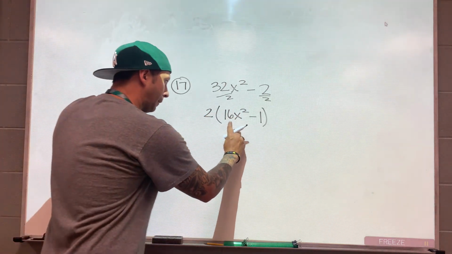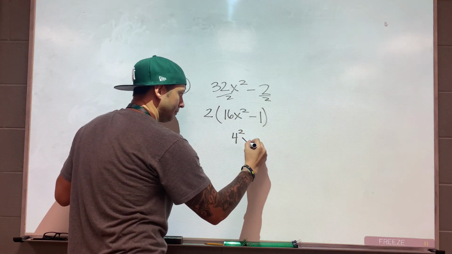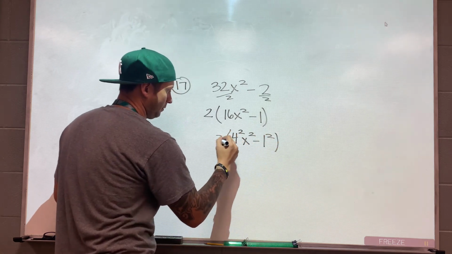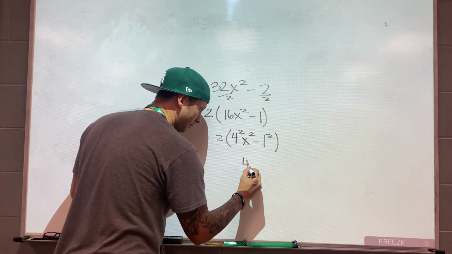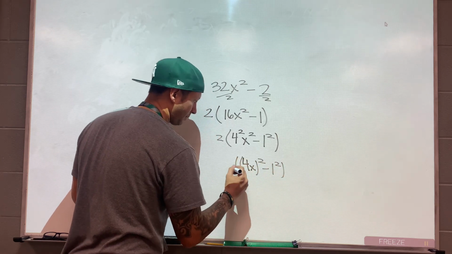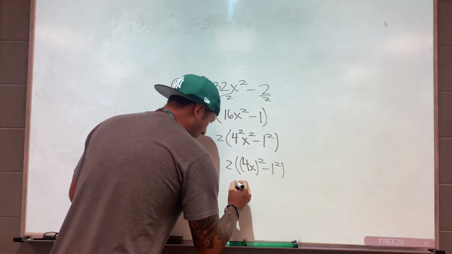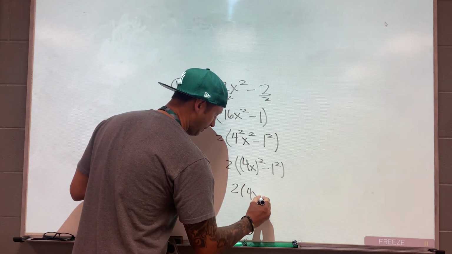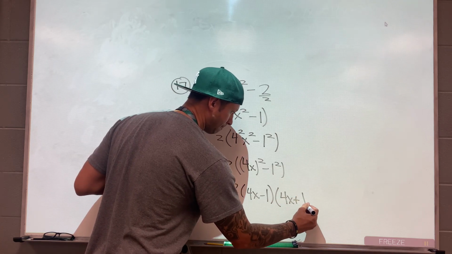All right, this is a perfect square, that's a perfect square. I'm gonna pull out the exponent. And now we have our A and our B. So this is going to be 2(A minus B)(A plus B).